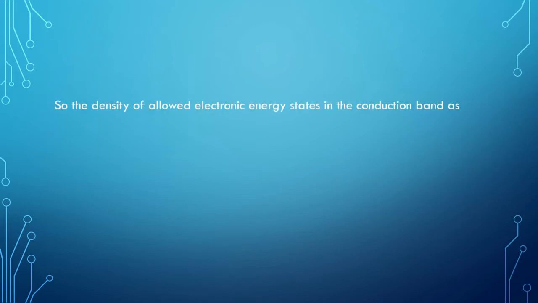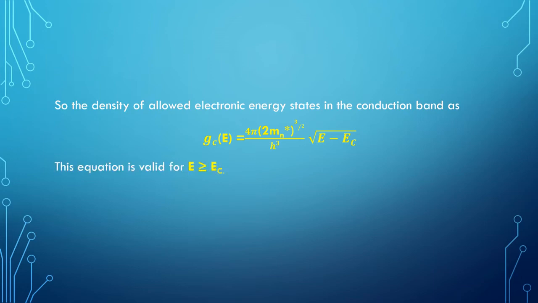So, the density of allowed electronic energy states in the conduction band is GC(E) equal to 4 pi (2 mn star) to the power 3 by 2 divided by h cube, times root over E minus EC, and this equation is valid whenever E is greater than or equal to EC.